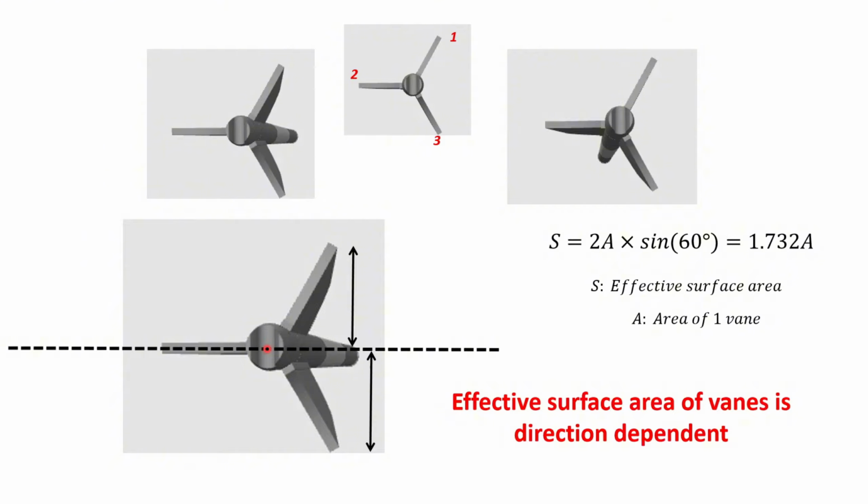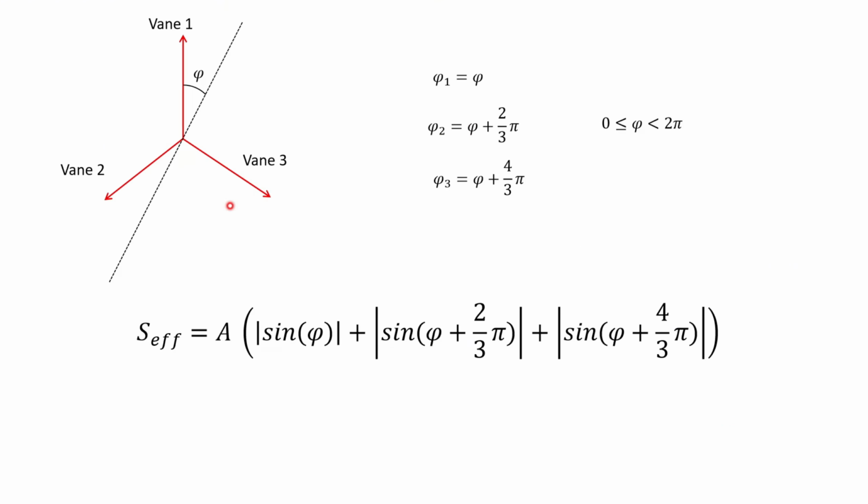So let's try to generalize this. Here in my 3 fletch setup, my axis of instability is going towards high right. Let's define an arbitrary angle phi between the axis of instability and vane 1. What's the angle of all 3 vanes? Vane 1 has an angle phi, vane 2 has an angle phi plus 2/3 pi, and vane 3 has an angle phi plus 4/3 pi.